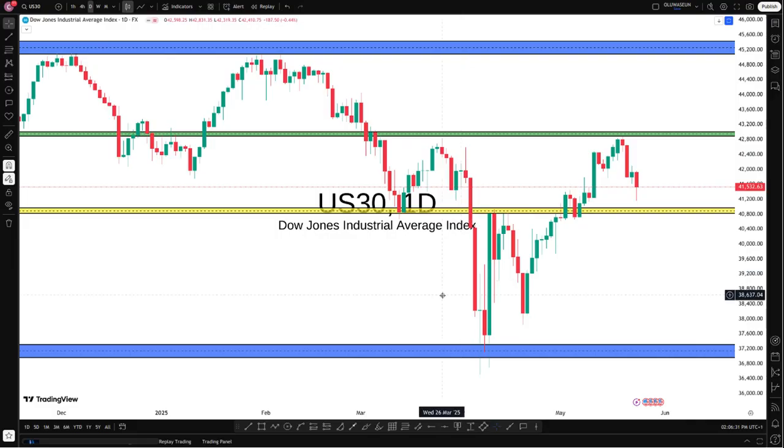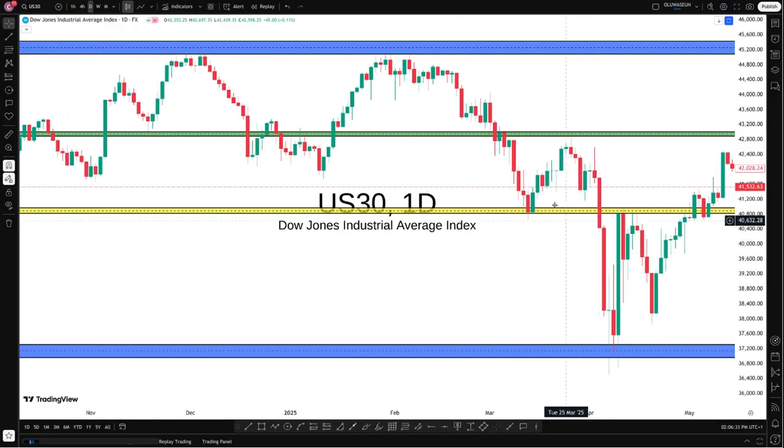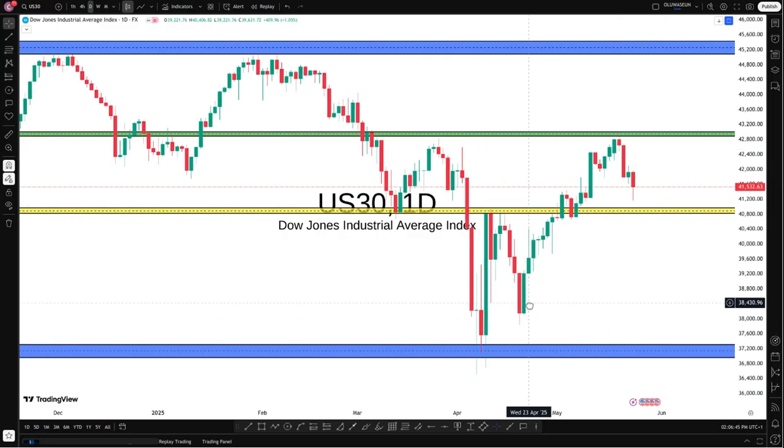Now looking at daily, what do we have here? Price is currently bearish here: lower low, lower high, lower low, lower high, higher low. This is where things change. Higher low, higher high.